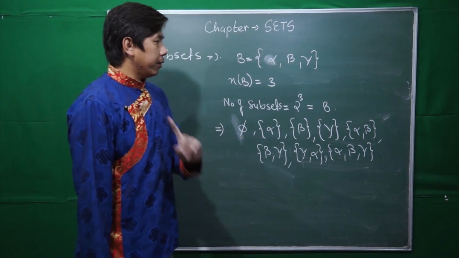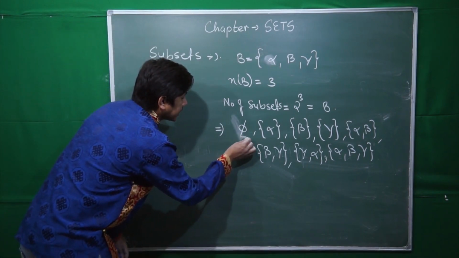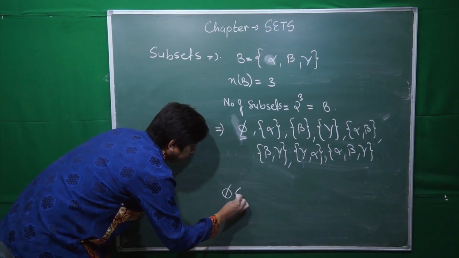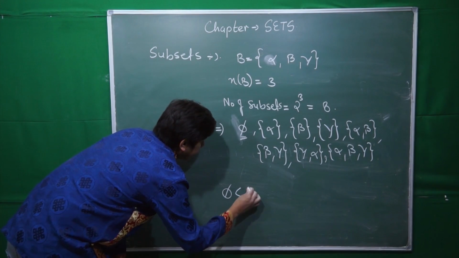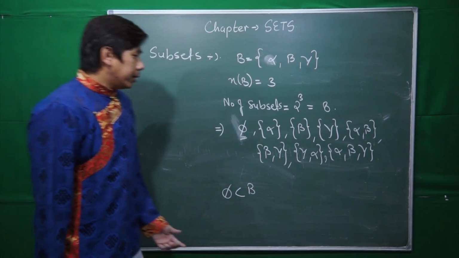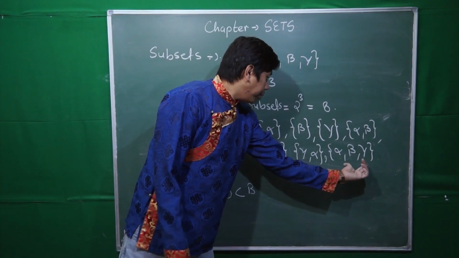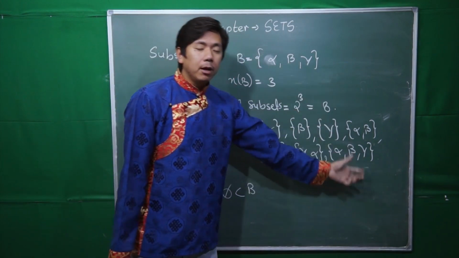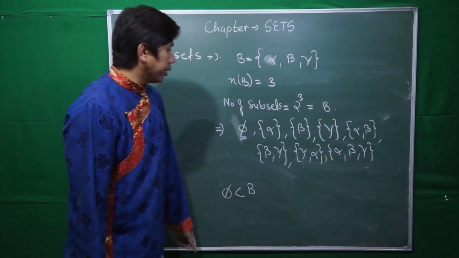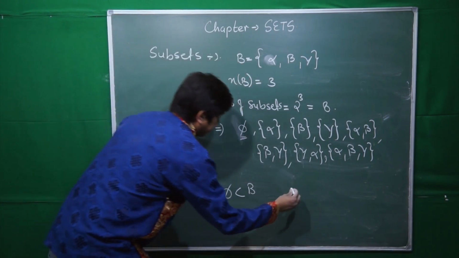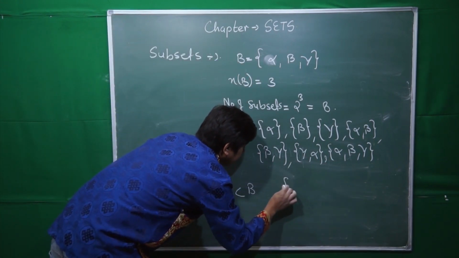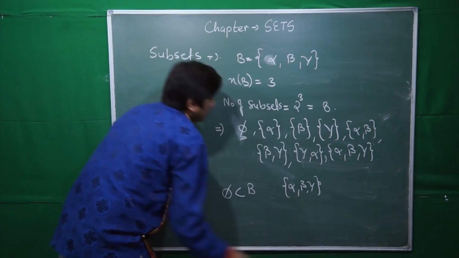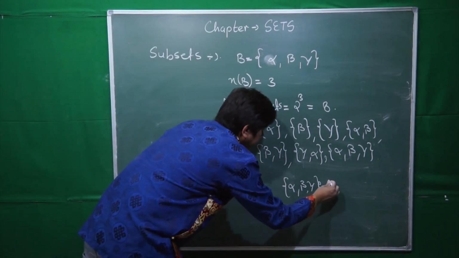Therefore, we can write that this set, which is the null set, is a proper subset of B. However, in the last subset, we find all the elements are the same as in set B. Alpha, beta, gamma, all the elements are the same. Therefore, we can write that this set alpha, beta, gamma is not a proper subset of B.